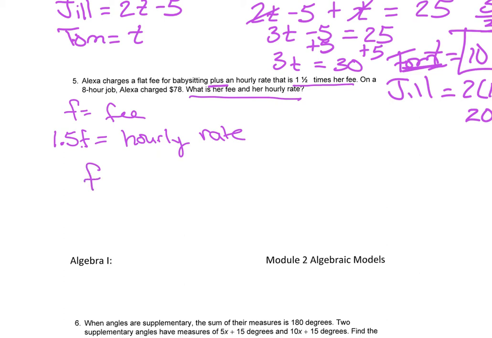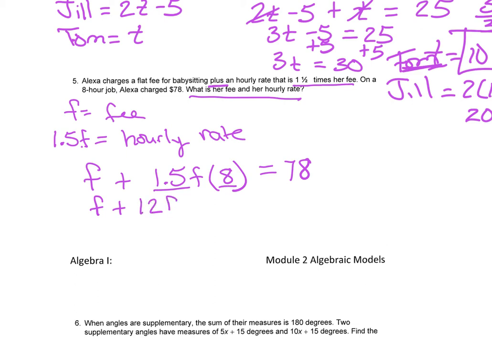So her fee plus her hourly rate times the 8 hours she worked needs to equal 78. So we need to simplify. F plus 1.5 times 8, which is 12, so we have F plus 12F equals 78. Combine your like terms: 13F equals 78.